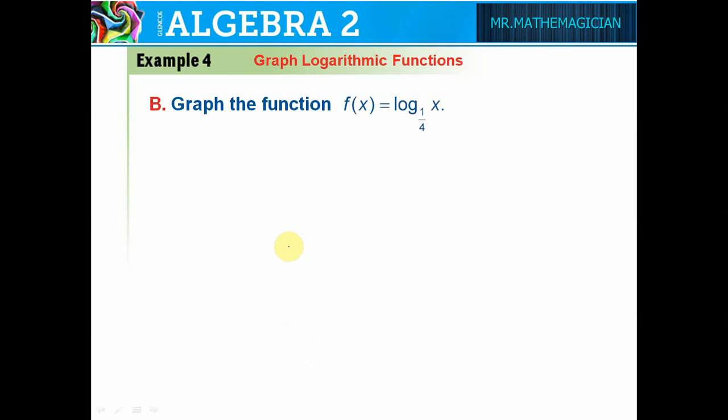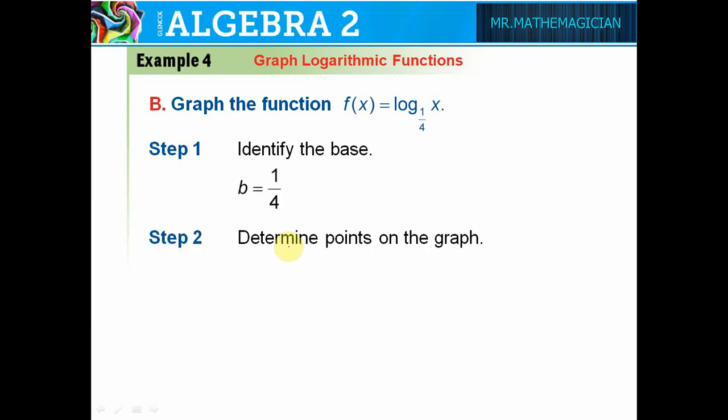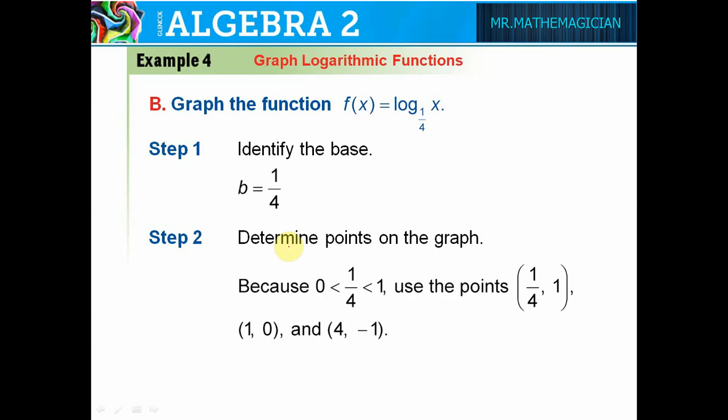Now let's graph the function f of x equals log x base 1/4. Identify the base, which is 1/4. Determine points on the graph. Because 1/4 lies between 0 and 1, let's use the points (1/4, 1), (1, 0), and (4, -1). As you can see, we started with 1/4 with the positive number, then 1 with 0, then 4 with negative 1.